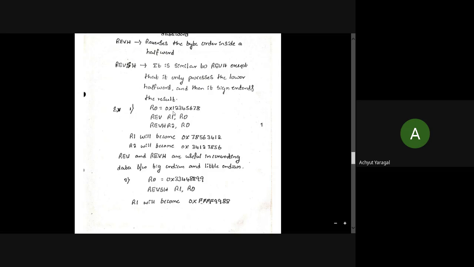That's why here the 8 numbers are there, 32 bits are required. So what it is going to do in REV R1 comma R0 is, the fourth byte will come to the first byte, the third byte will move to the second byte, the second byte will move to the third byte, and the first byte will move to the fourth byte here.